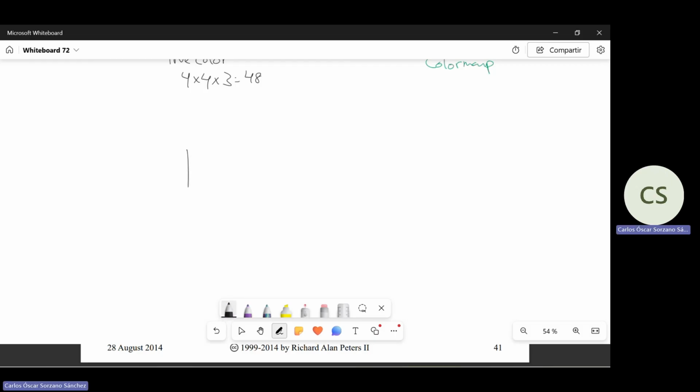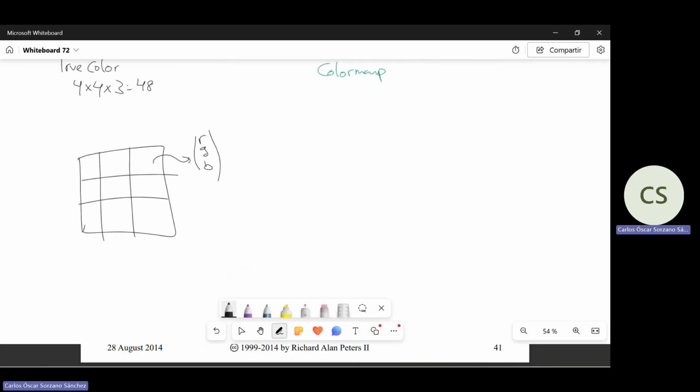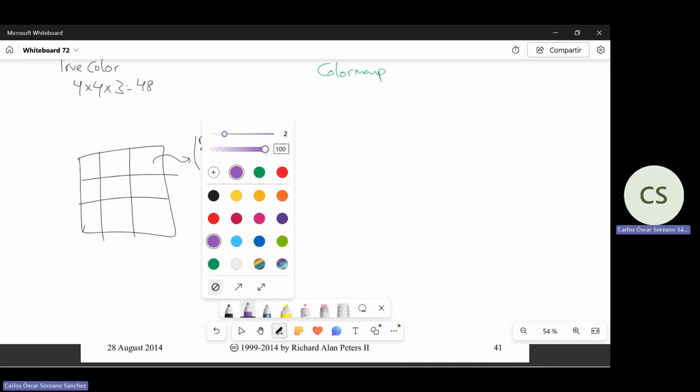So for every pixel, I have a pixel here. And let's do it with 3 sequence. For every pixel, I have a red, a green, and blue channel. But this is the same as if I have 3 images.